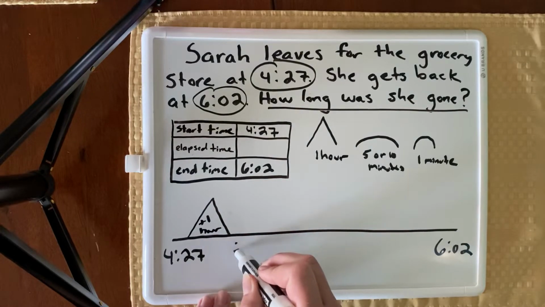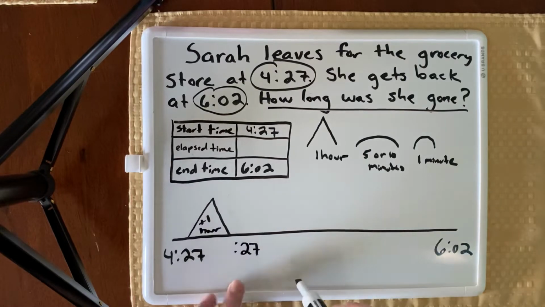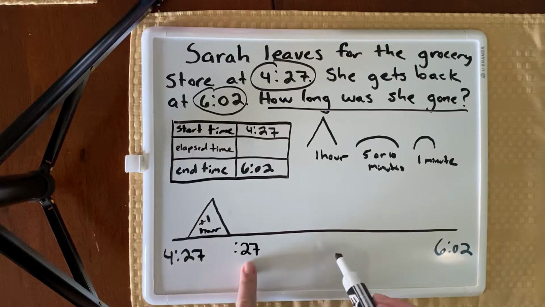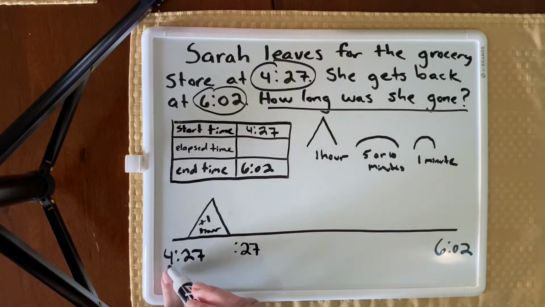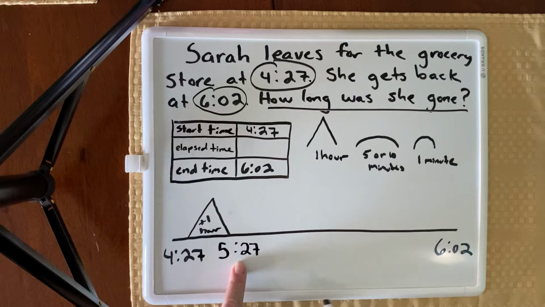So it's still going to be something 27, and 4 plus 1 is 5, so 5:27. And 5:27 is definitely before 6:02. So we can do that.